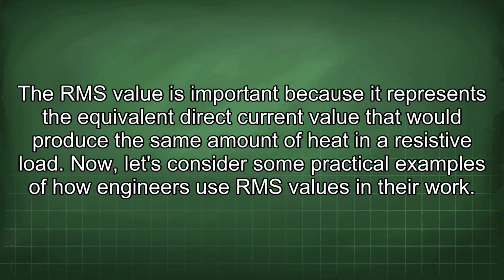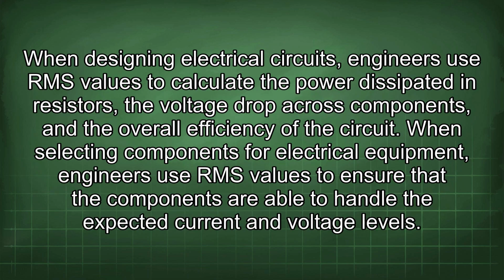Now, let's consider some practical examples of how engineers use RMS values in their work. When designing electrical circuits, engineers use RMS values to calculate the power dissipated in resistors, the voltage drop across components, and the overall efficiency of the circuit.